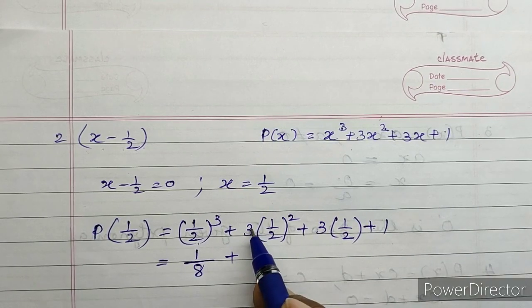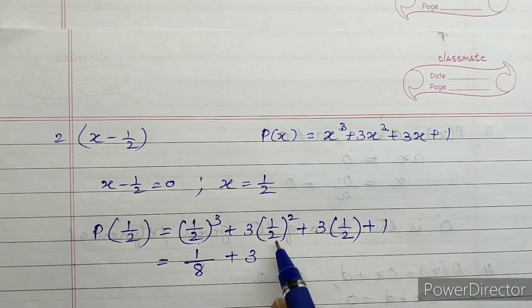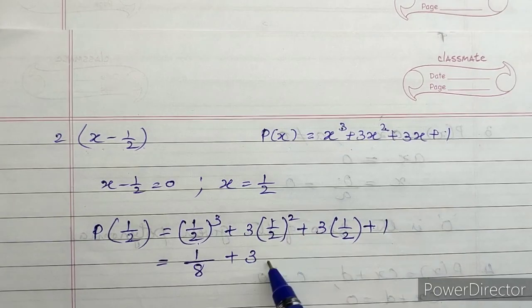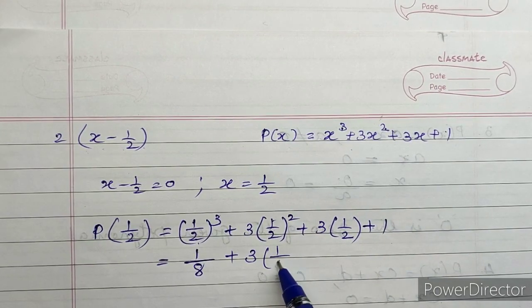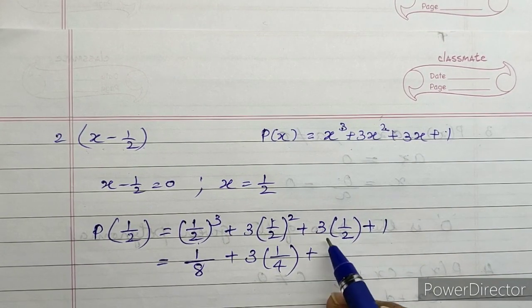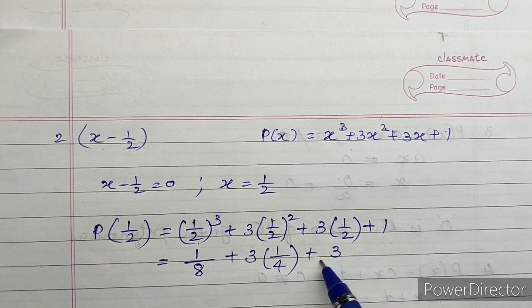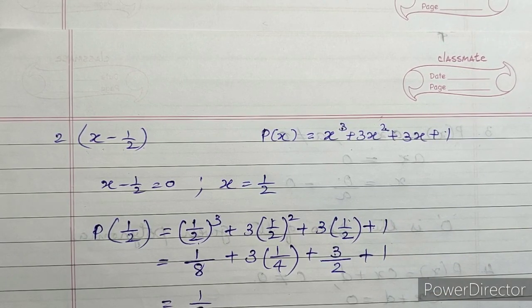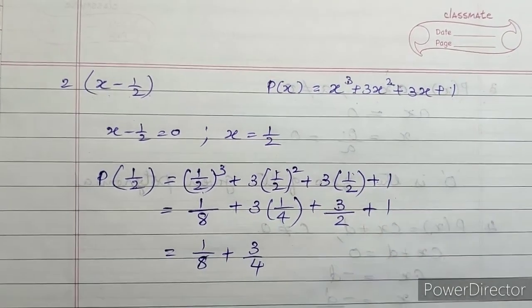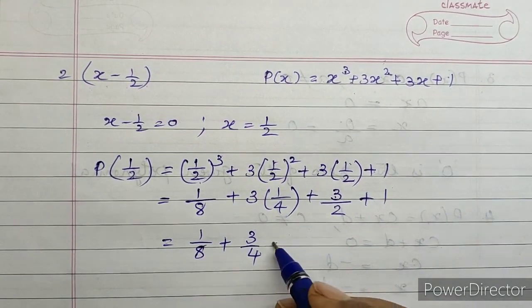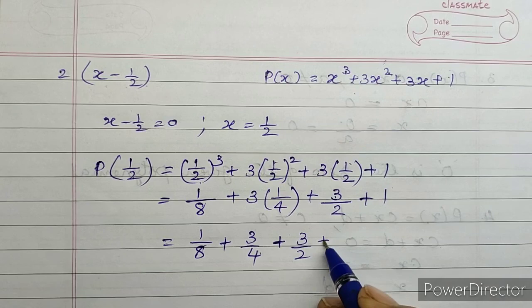Plus 3 into 1 by 2 whole square: 1 square is 1 only, 2 square is 4. Plus 3 into 1 by 2, 3 by 2, plus 1 equals 1 by 8 plus 3 into 1 by 4, it is 3 by 4, plus 3 by 2 plus 1.